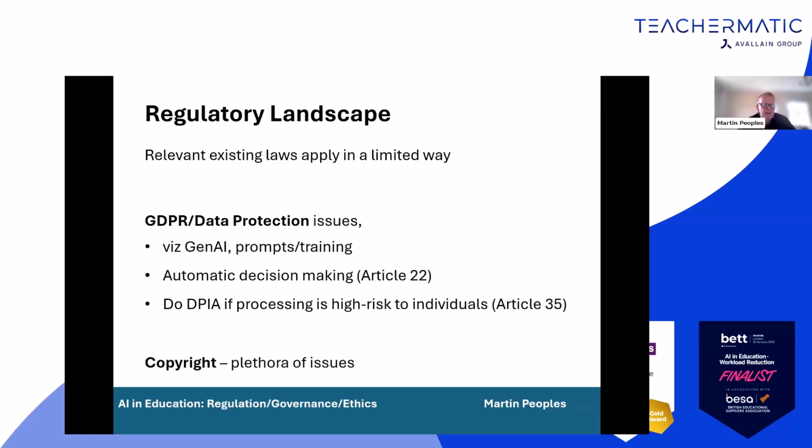Now, the area of copyright is a very interesting one. I'm sure you've seen in the news stories about various creators of content, digital or music or text, taking cases or threatening to take cases against the large AI companies. Not very many of them have gone far.